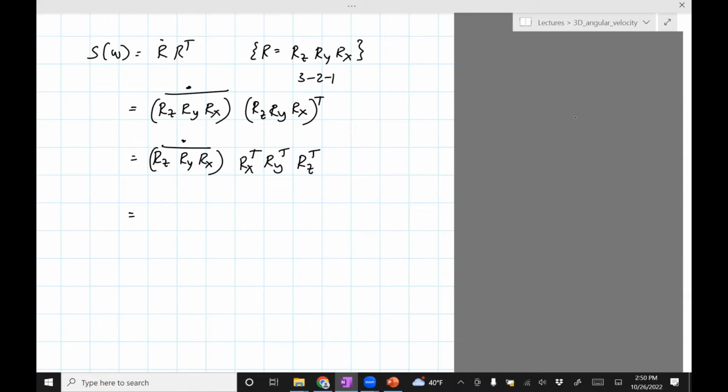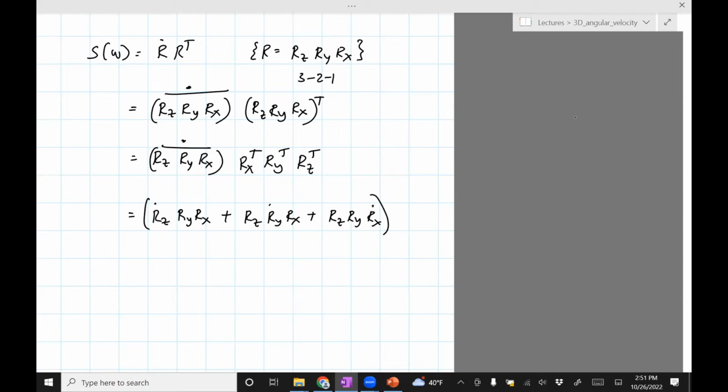Okay, and now let's take the derivative of that expression. Remember that I need to apply the chain rule. I need to first take the derivative of the first term, keep the other two constant, and so on. So there'll be three terms emerging from the derivative. They would be as follows: RZ dot RY RX, plus RZ RY dot RX, plus RZ RY RX dot.